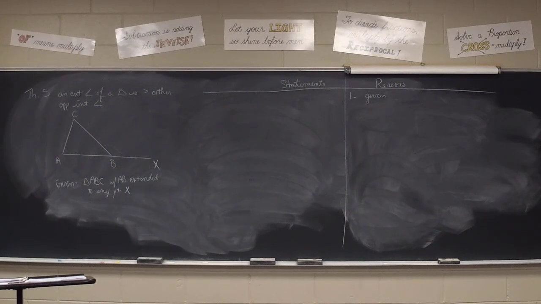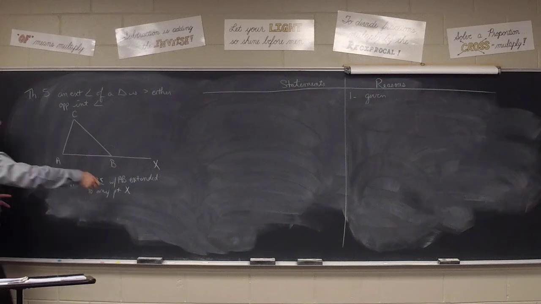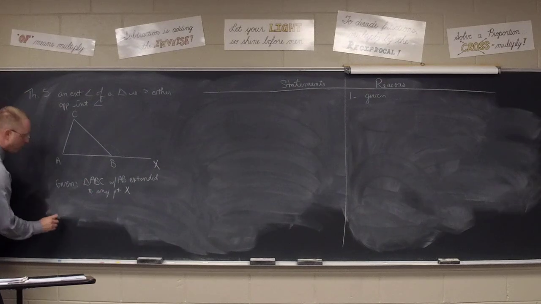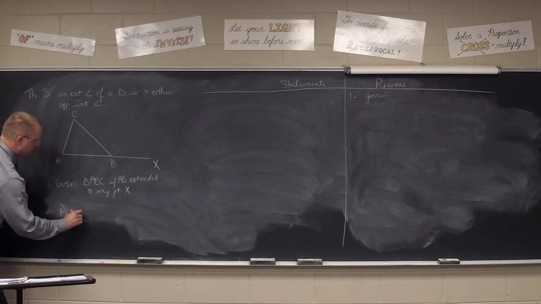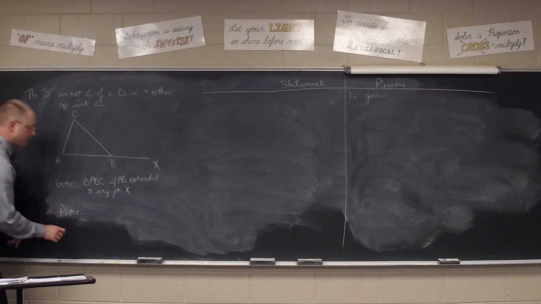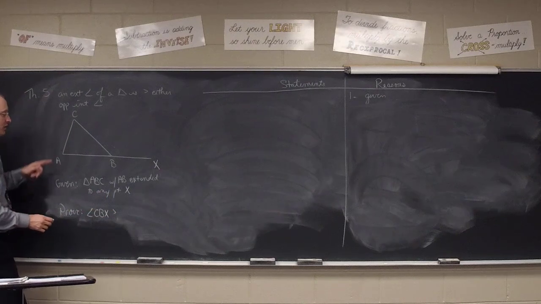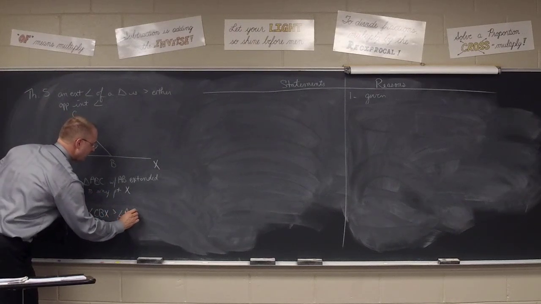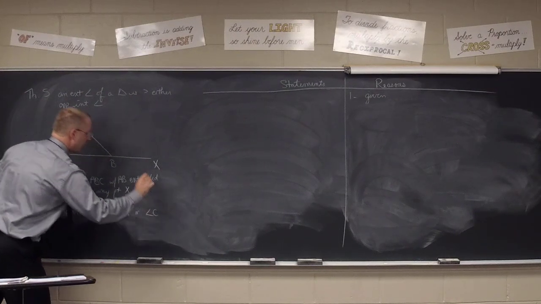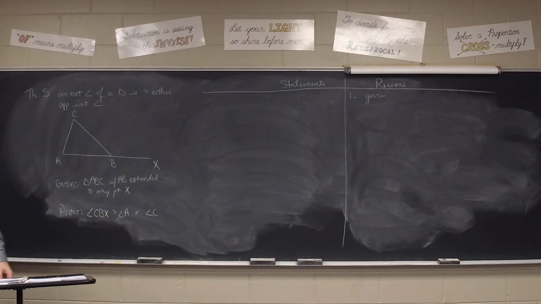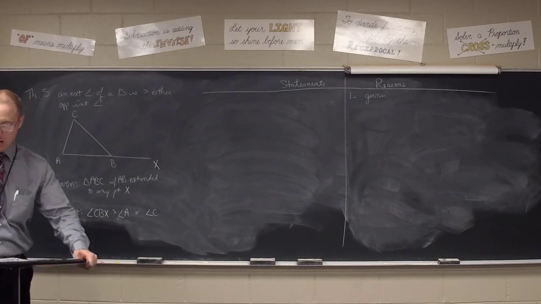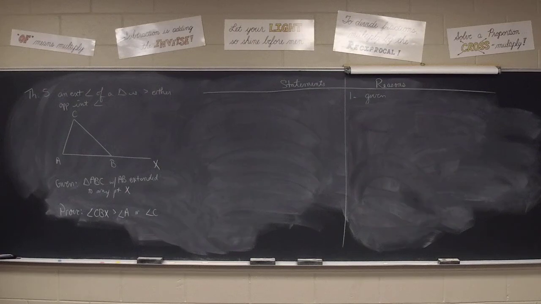We don't know that they're equal or anything weird like that. It's just a random point where I chose to extend the line. We want to prove that if you have an exterior angle formed by extending a line, that the exterior angle CBX is greater than either angle A or angle C. I want to prove that it's greater than either opposite interior angle.